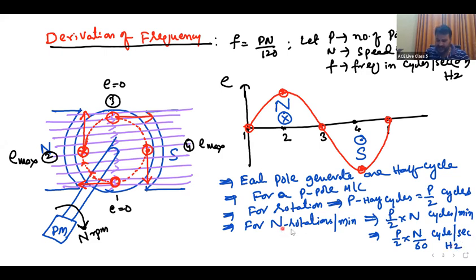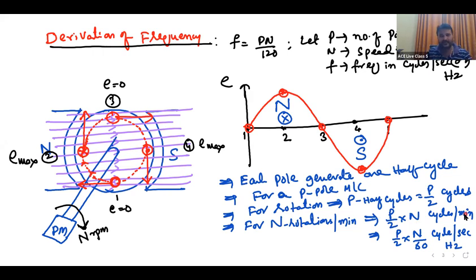But if N is given in rotations per second, what is going to happen? N rotations per second means P by 2 into N cycles per second. That is itself hertz. Speed is per second, so no need to divide by 60. Since it was minutes, we divided by 60 to get cycles per second.